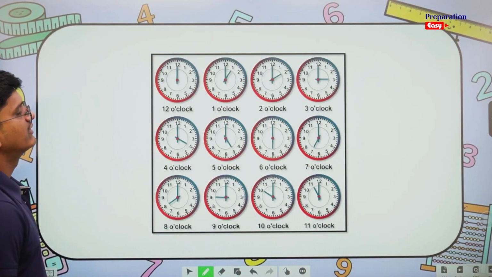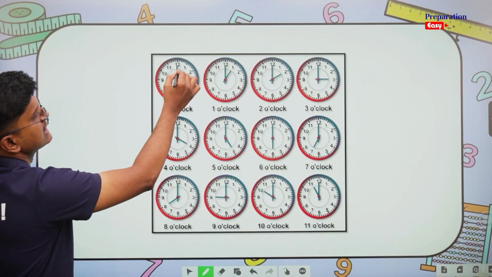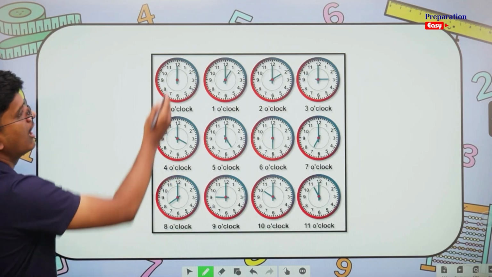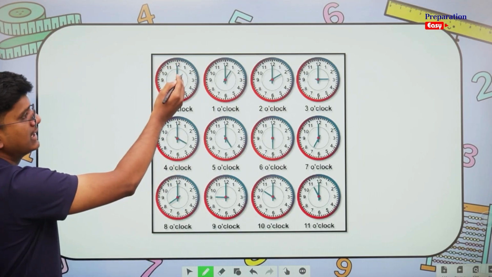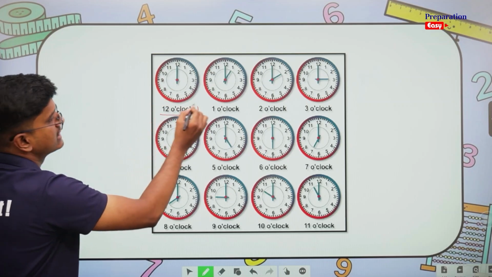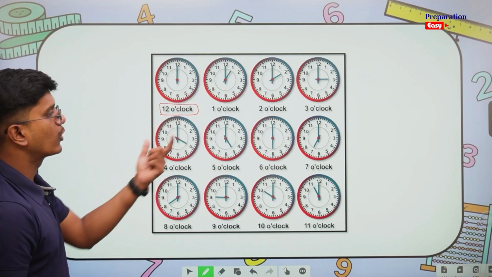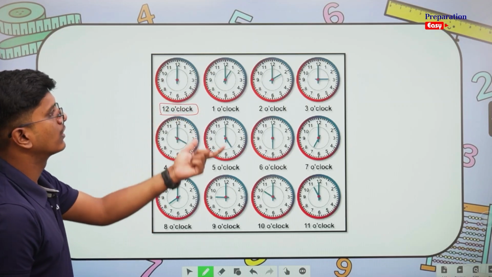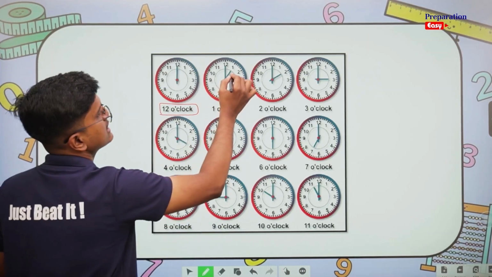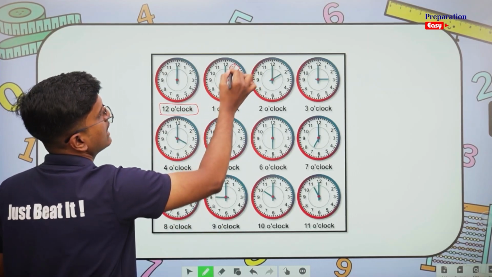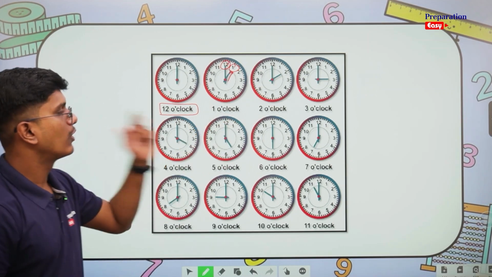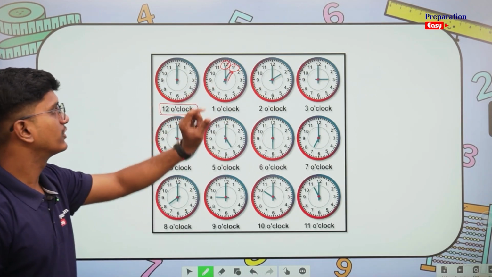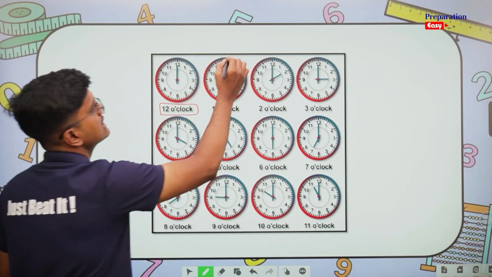Whenever the hour hand and the minute hand are on 12, we say it's 12 o'clock. If the hour hand is on 1 and the minute hand is on 12, it's 1 o'clock. Consider 12 as 0 right now.